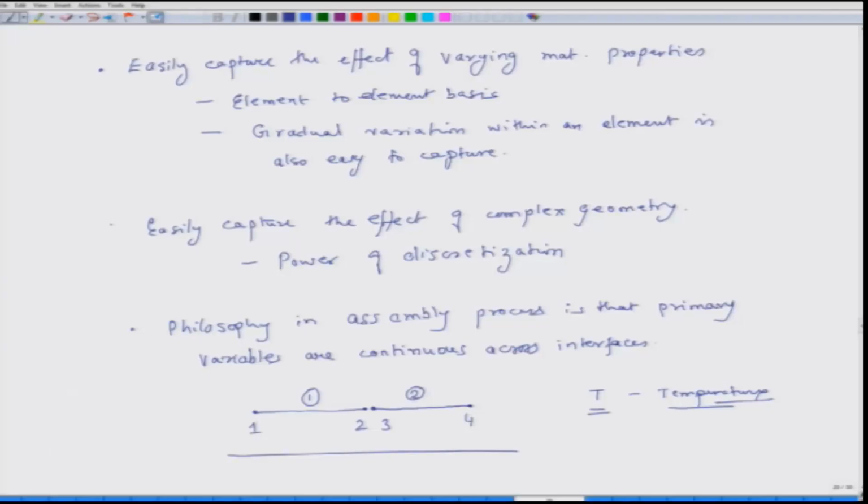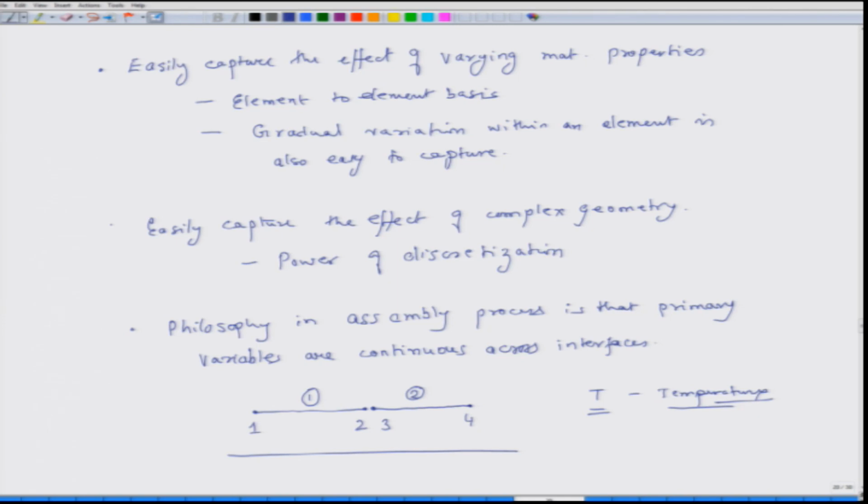So, coming back to this example, each element in this case has two nodes, right. And this is assuming that I take a linear element. If I had a quadratic element, then each element would have three nodes. Two of these nodes will be at the boundaries and one node will be in the middle of the element.